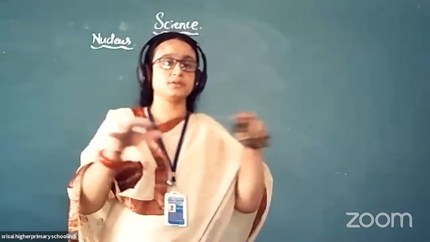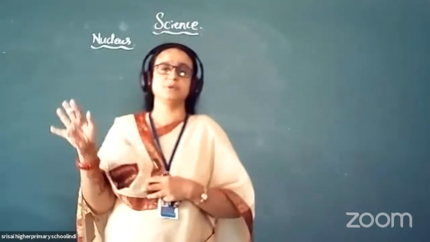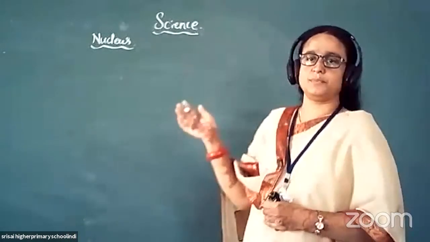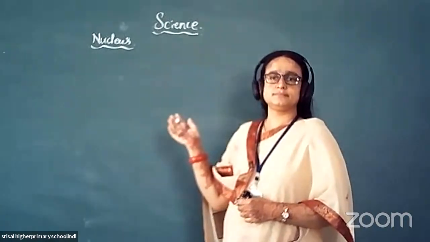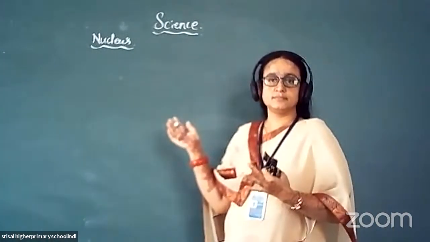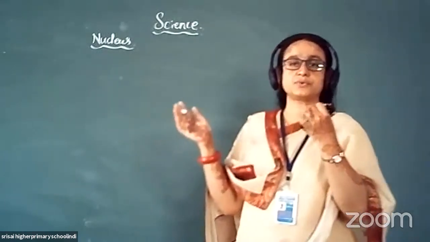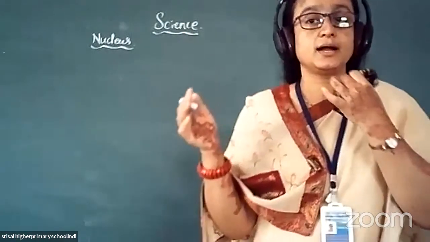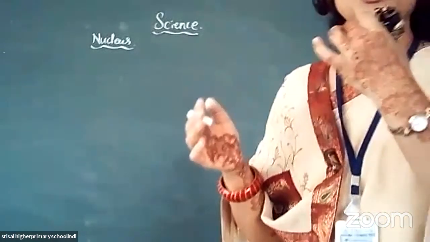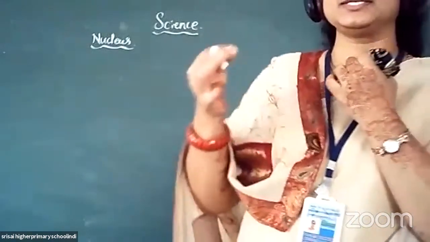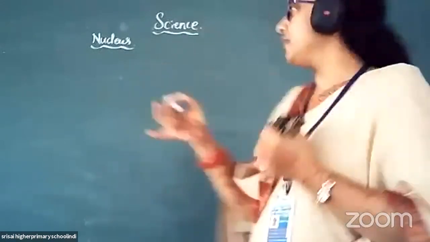Now, up to here, the work of the compound microscope was finished. Let us start using the next microscope. What is the next microscope? Activity 5.5. The electron microscope. Very good. Now we will use the electron microscope to study the composition of the nucleus. What is inside the nucleus, we are going to learn.